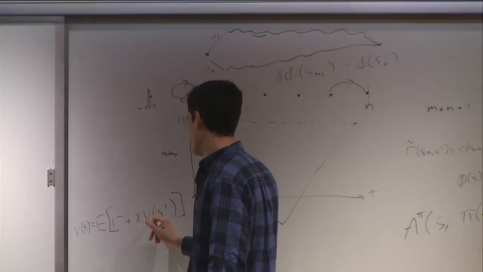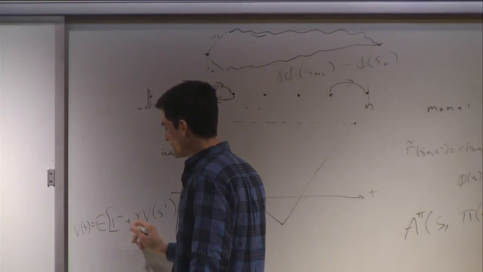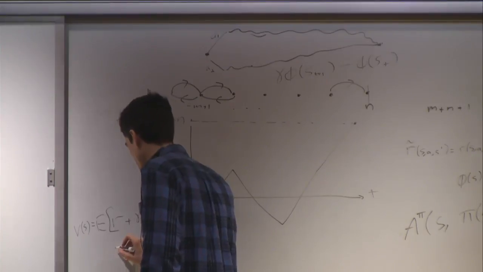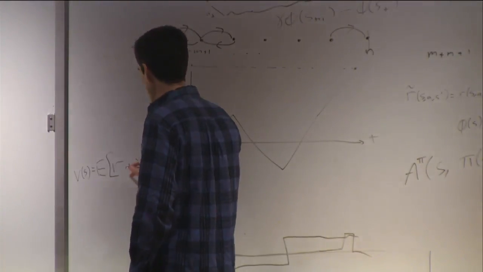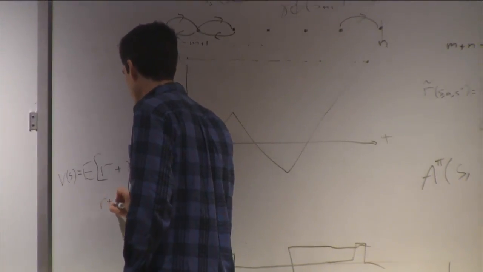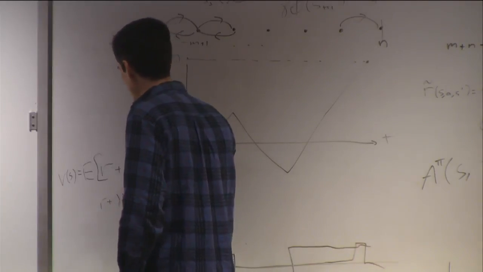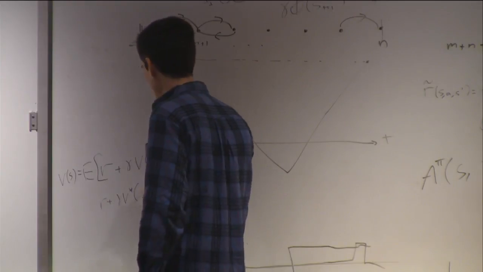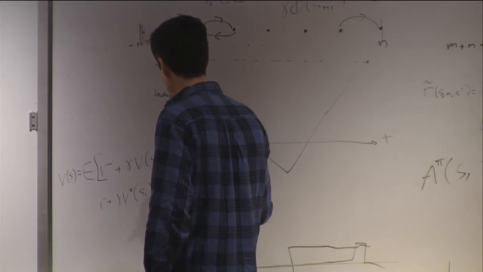So if we replace reward by the shaped reward, then we have reward plus gamma times v star of s1 minus v star of s0.